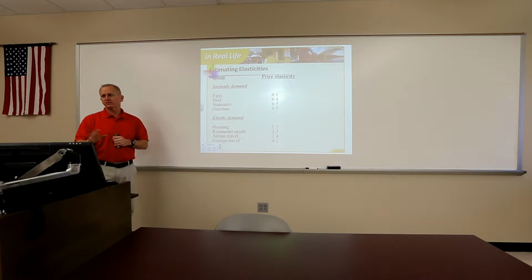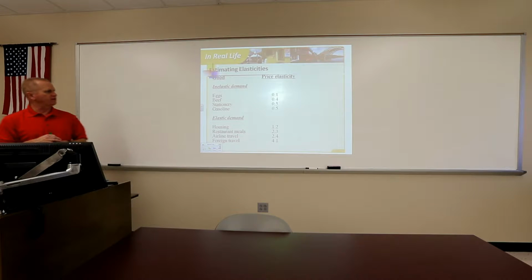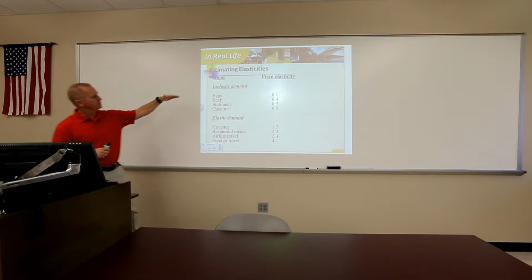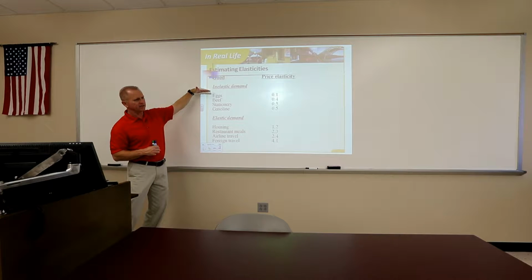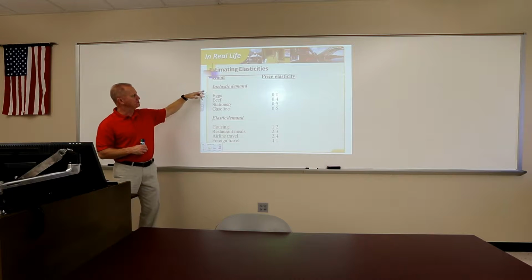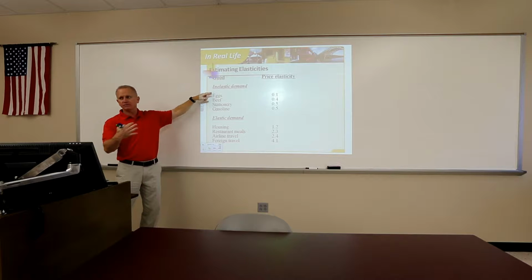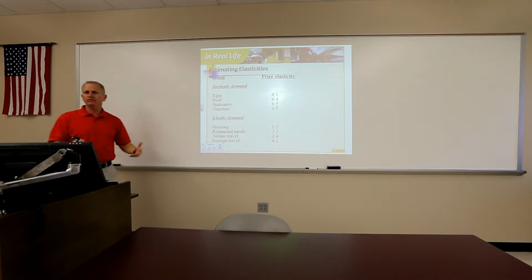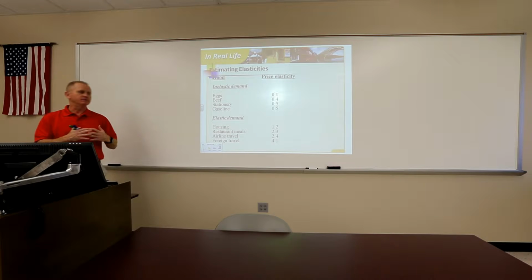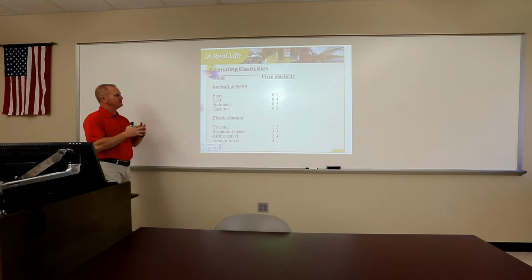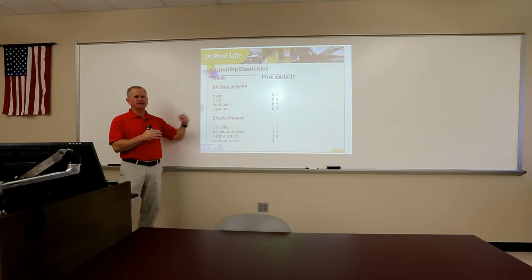Here are some estimates in the real world of some elasticities, the coefficient that was calculated. The top group is the inelastic items, the ones that have an unresponsive behavior to prices. In other words, you're going to buy them no matter what. Eggs, beef, gasoline. Now, stationery is kind of an odd one.